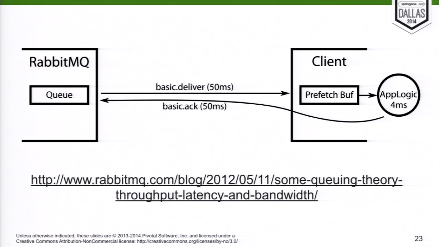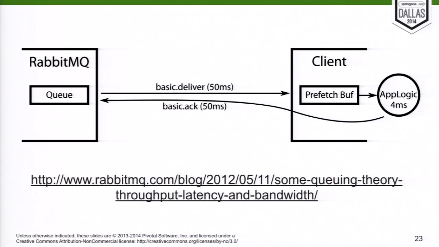As a consumer, you can tell Rabbit that you have a QoS, like quality of service parameter, basic QoS is called, where you can tell Rabbit, as a consumer, I want to handle 50 messages at a time, or 1 message at a time, or whatever. So how do you decide that you want to handle 50, 20, 1,000, or 500?